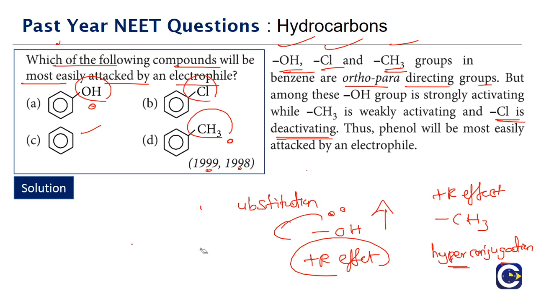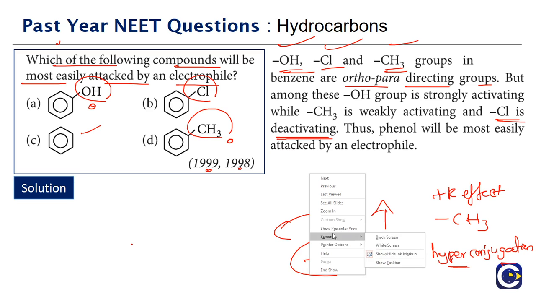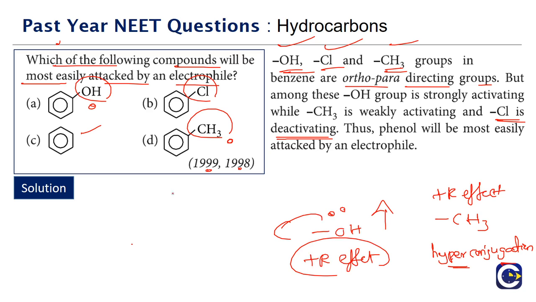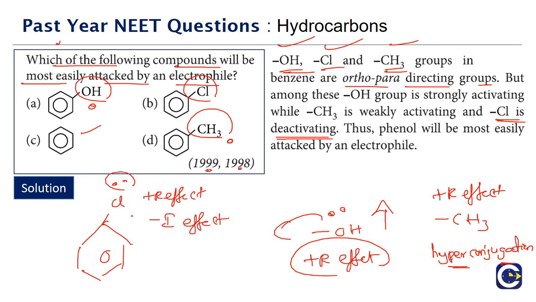Along with the plus R effect, halogens, because of their high electronegativity, show a minus I effect. Chlorine shows a plus R effect because it has a lone pair of electrons, and it also shows a minus I effect because of high electronegativity.